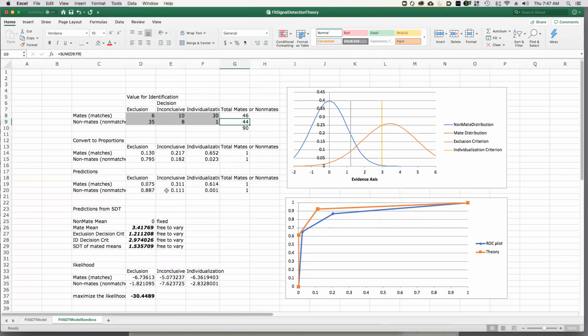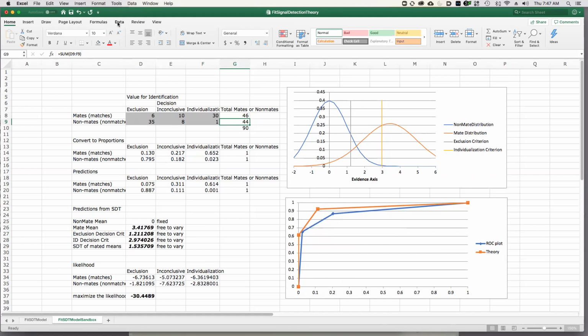Okay, so we have a new set of data, and you can see that our parameters aren't very close at this point because our ROC plot, the data is in blue, and the theory isn't really very close to it. So let's go ahead and change these parameters to figure out how good this subject is.